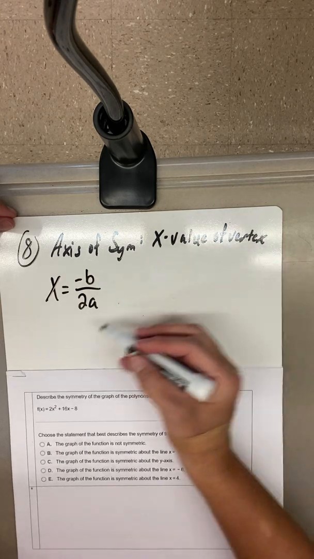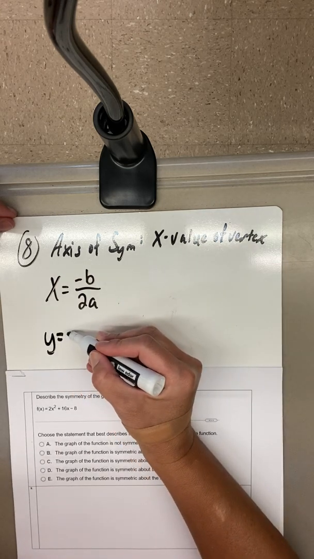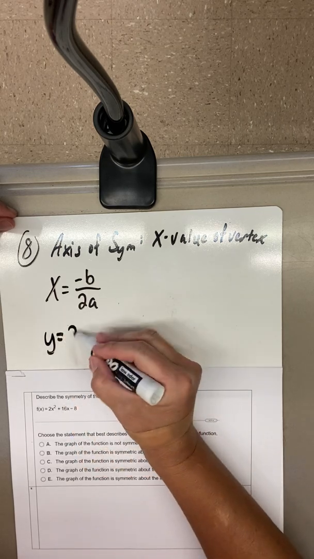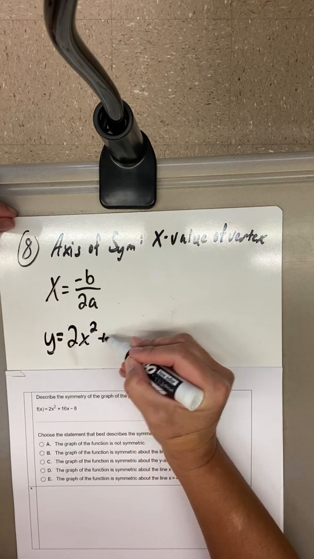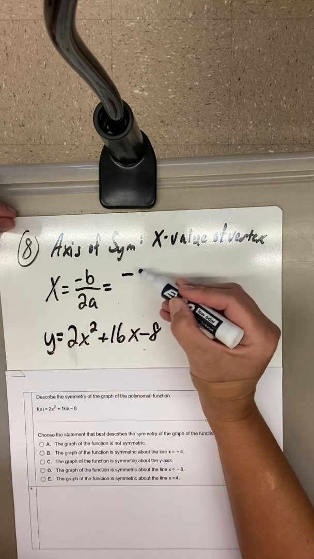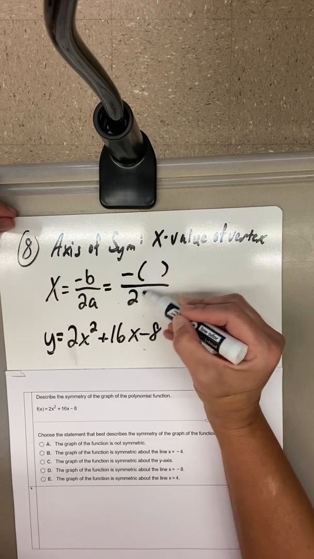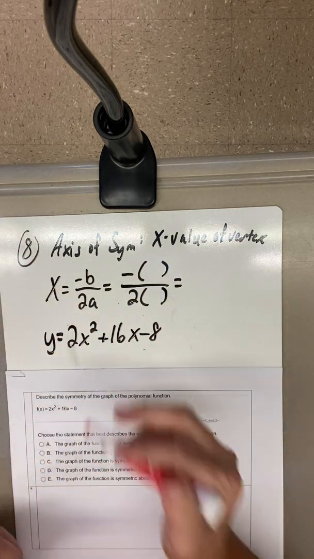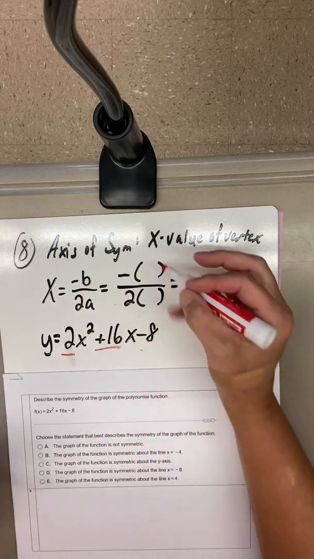We might need the equation. The equation is y equals, well, it's f of x, same thing, 2x squared plus 16x minus 8. So we want the negative of whatever b is over 2 times a. Parentheses are important. Our a is 2, b is 16.